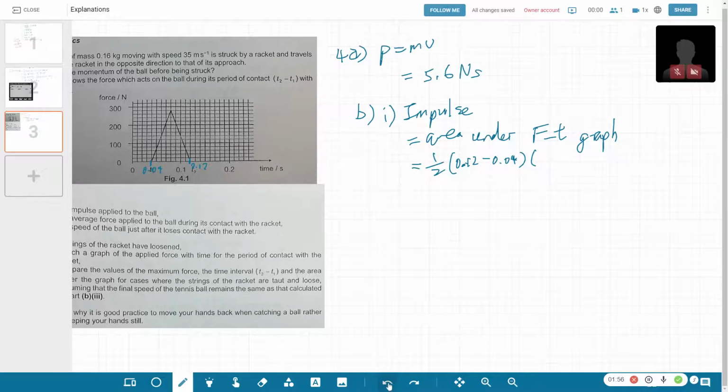One thing to take note of is the SI units. Time here is still in seconds, not milliseconds, and this is newtons, so we don't need to add any prefix. So 0.12 minus 0.04 gives 0.08, divided by 2, times 280, you get 11.2 newton seconds.